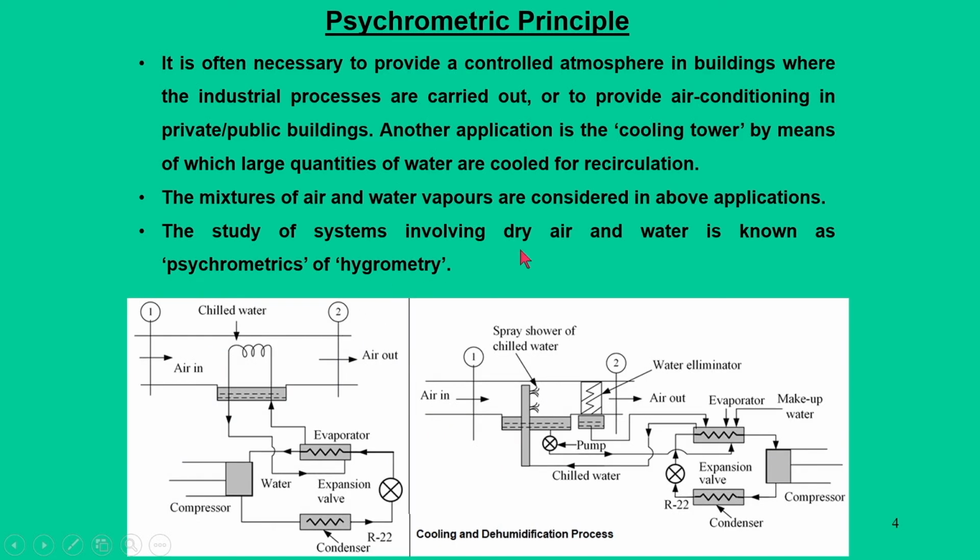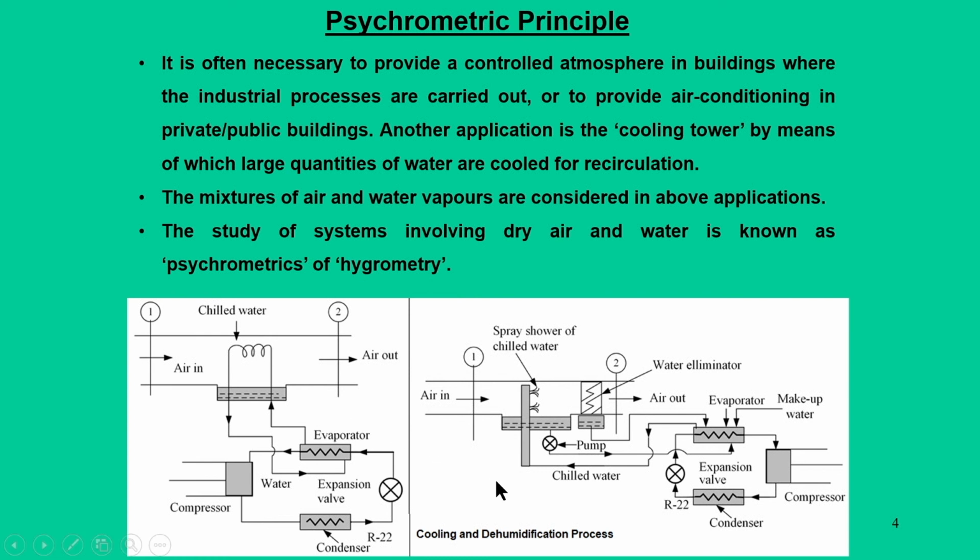Those studies that involve the dry air as well as the water vapors present are known as psychrometrics, or many times we call it hygrometry. This particular figure shows a kind of application where the air is intentionally made moist.